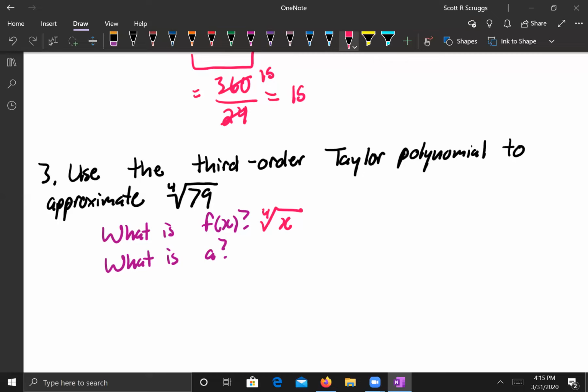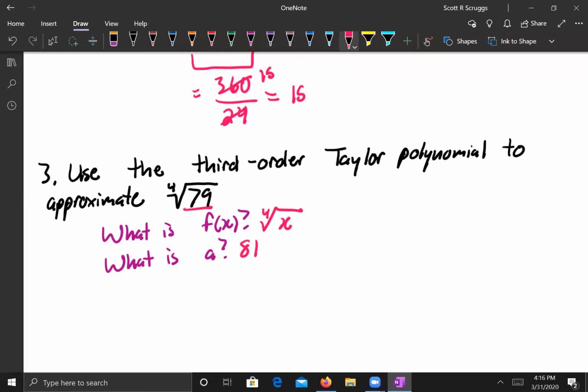Not quite, Anthony, because it's not 3, because fourth root of 3, I don't know what that is. James and Andrew, I agree. I would pick 81 in this case. And the reason why, because I want to approximate 79, just like with linearization, I want to pick a number that's really close to 79, but I also know very quickly what the fourth root of that is.